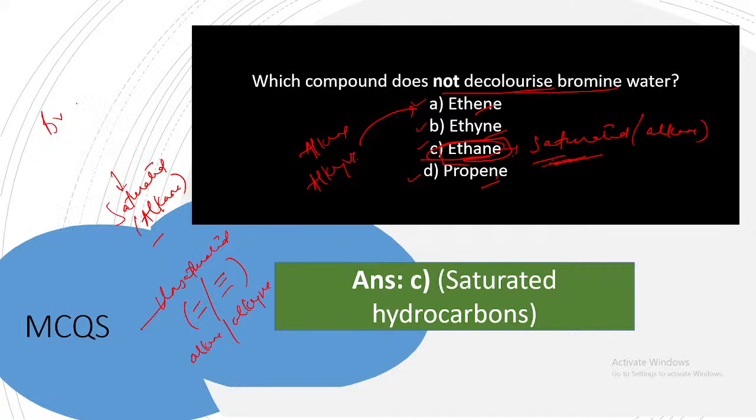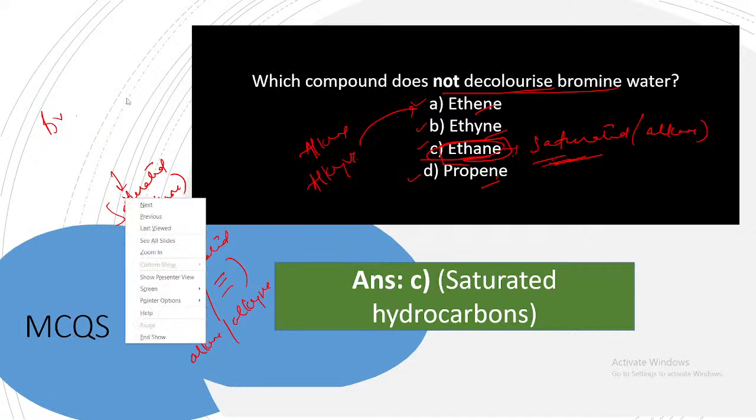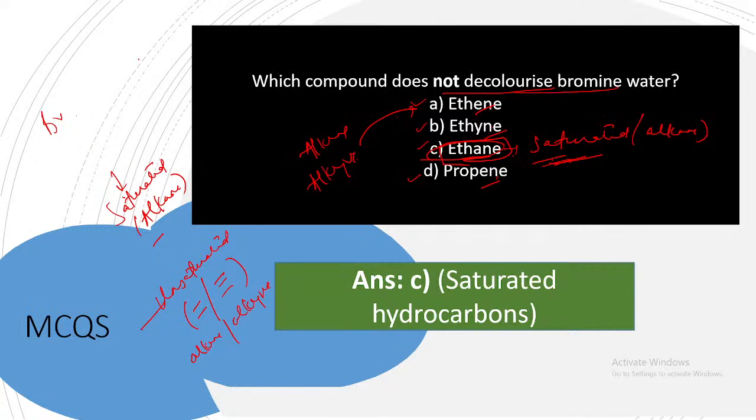But if you add a saturated compound, the color remains the same, so decolorization will not take place. Out of these four options, only one has an alkane, that is ethane. So that's why C is the correct option. I hope I have explained.